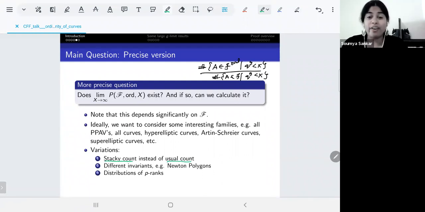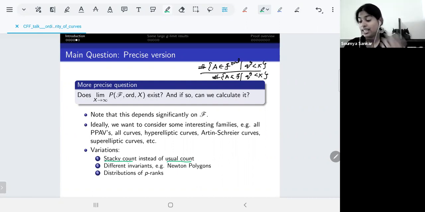And when you pick your F, you can also pick your notion of isomorphism. You're thinking, okay, am I counting curves up to isomorphism as curves? Am I counting them up to isomorphism of covers, of maybe a certain gonality, and so on and so forth, right?